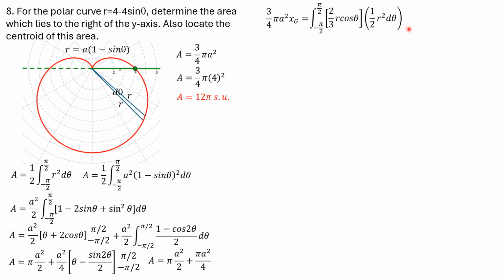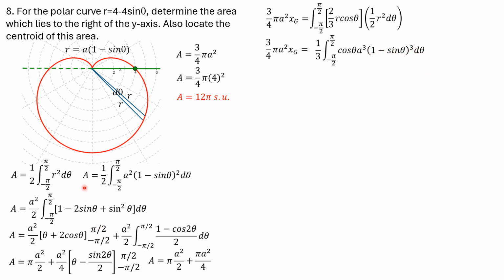Cancel out 2, then 3/4 pi a squared x sub g equals 1/3 of the integral from negative pi over 2 to pi over 2 of cosine theta times r cubed, which is a cubed, quantity 1 minus sine theta cubed d theta.